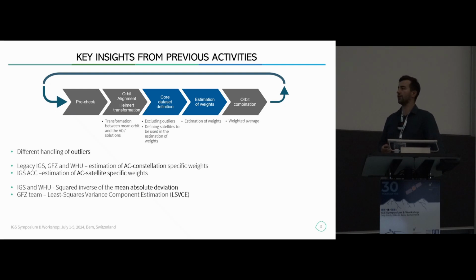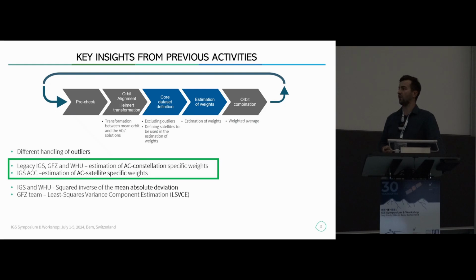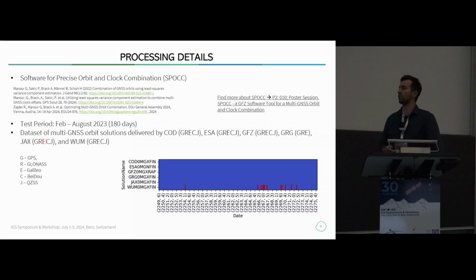IGS and Wuhan used the squared inverse of the mean absolute deviation, while the GFZ team developed the workflow based on least squares variance component estimation. In this presentation, I will mostly focus on how to define, and what is the impact of, different definitions of the satellites to be used for the estimation of the weights.